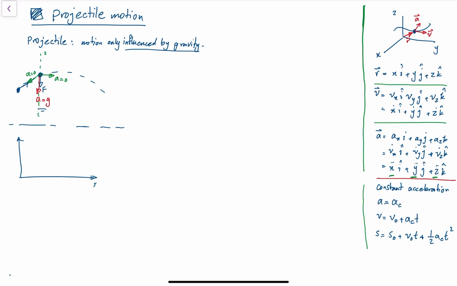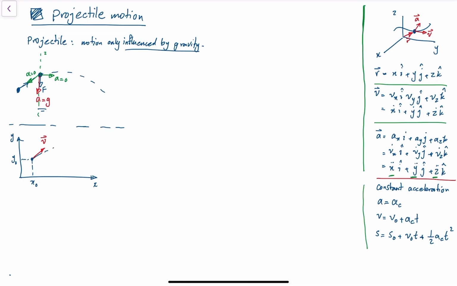So let's call these axes x and y. At some point, I have my projectile, maybe at some initial position, x naught and y naught, and I launch this projectile with some initial velocity v.